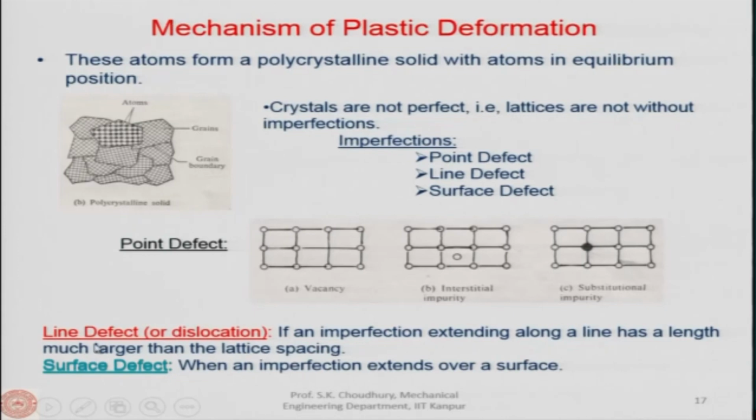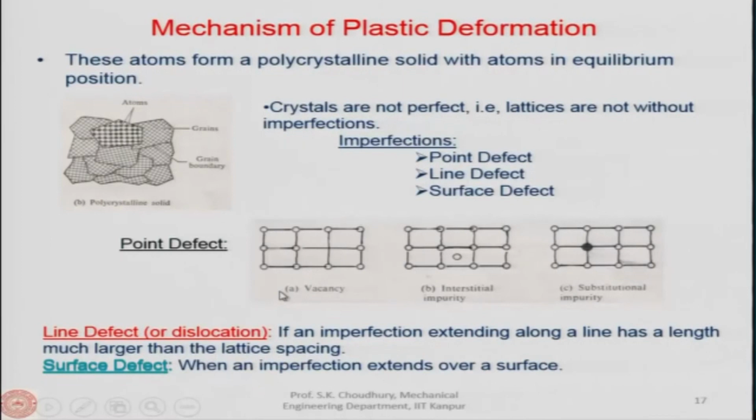Then there could be a line defect, otherwise also called the dislocation. The line defect is the defect extending beyond the lattice spacing. We have a lattice spacing and the defect is extending along a line which is more than the lattice spacing, that is the line defect.